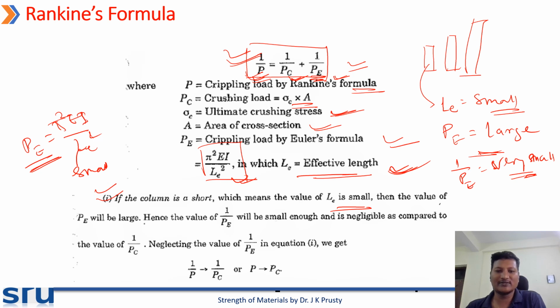So if we neglect this 1 by PE in equation 1, we get 1 by P is equal to 1 by PC, or P is equal to PC. So in case of a short column, 1 by PE can be neglected, and P is directly PC, that is the crushing load.